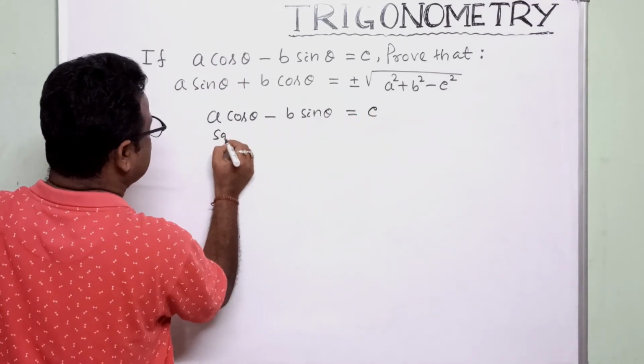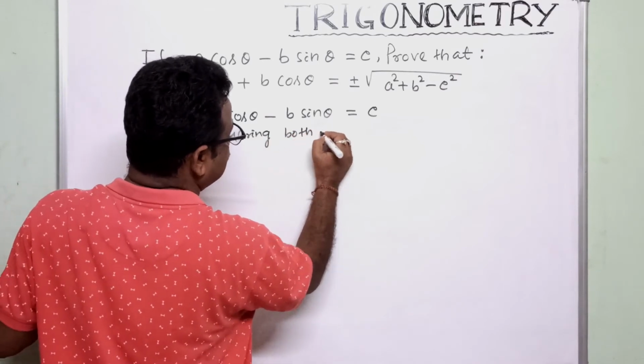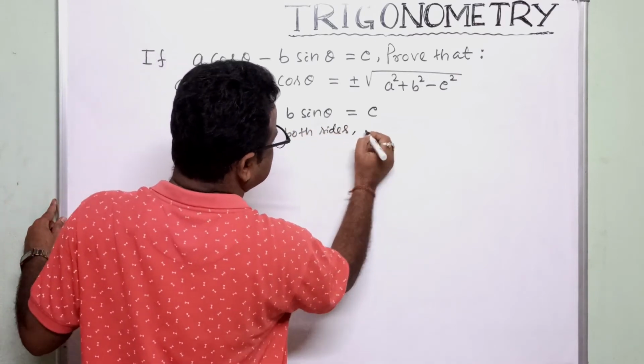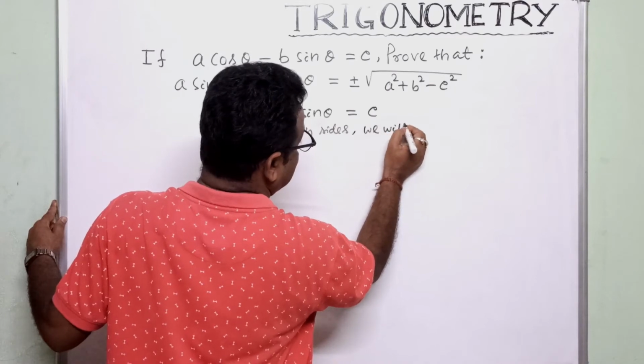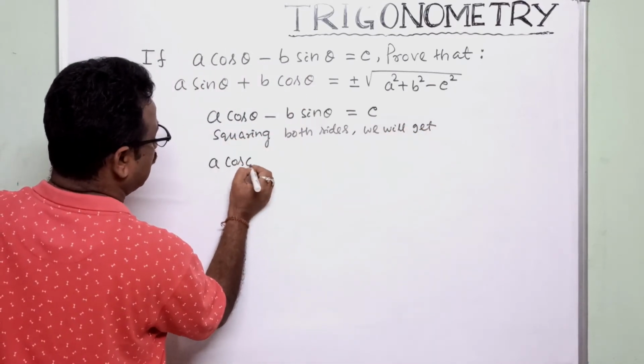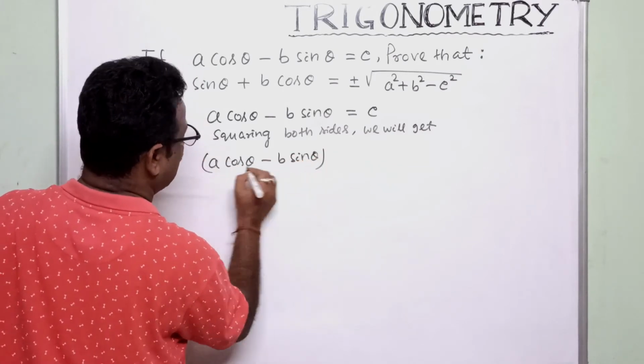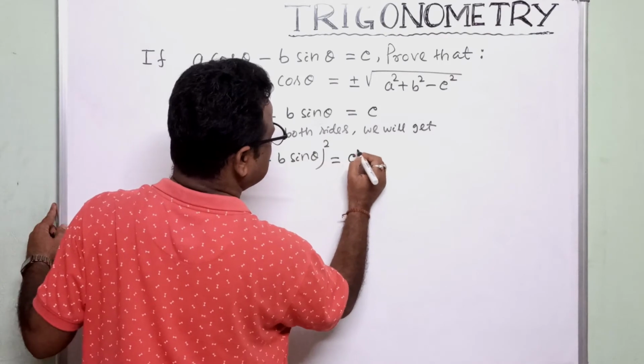Now squaring both sides we will get, what we will get? (a cos theta minus b sin theta) whole square is equal to c square.